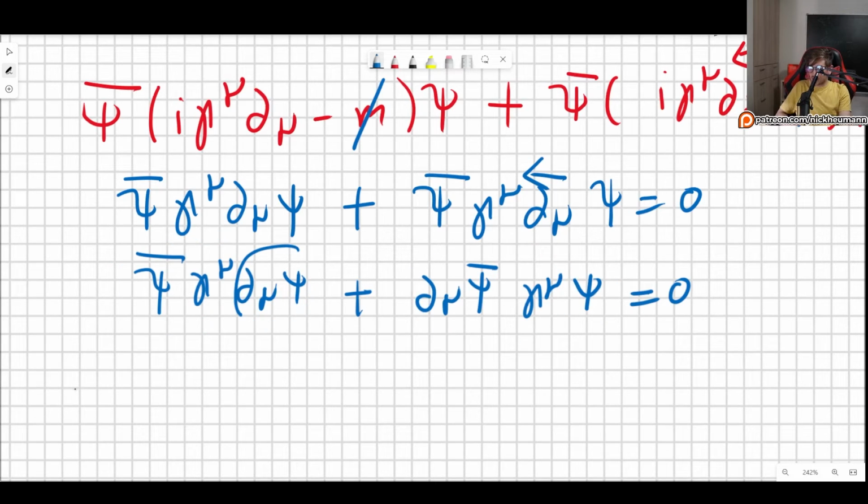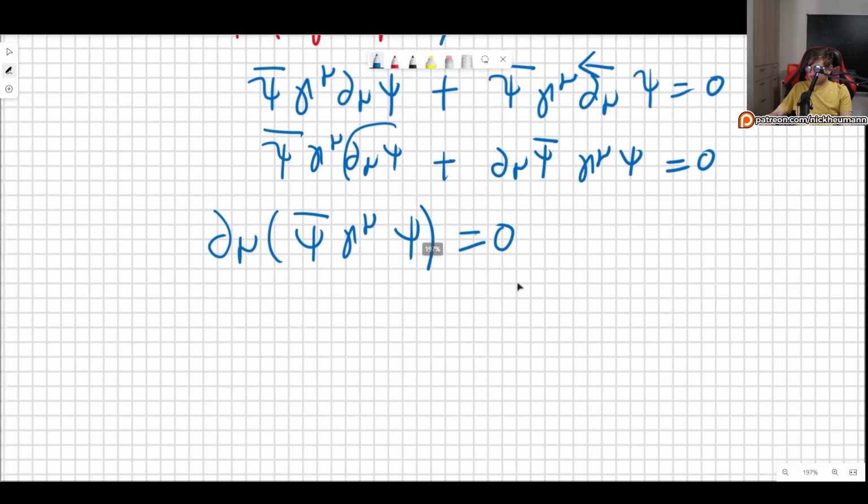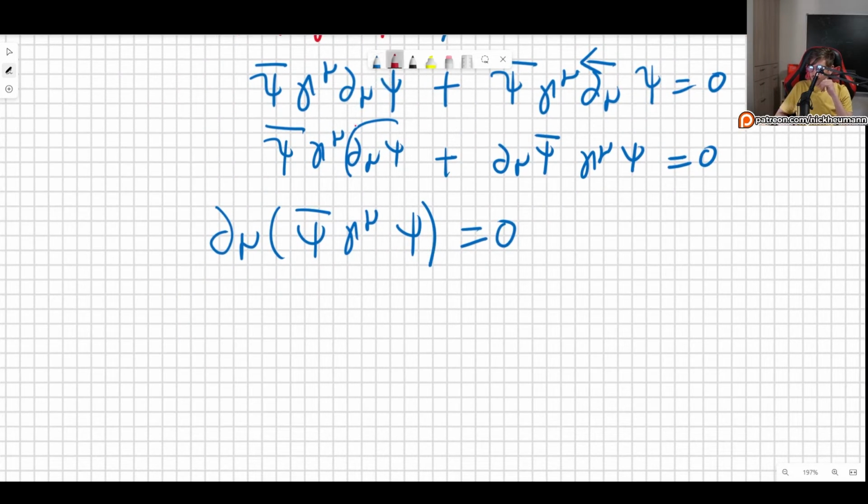So this looks an awful lot like a total derivative of something like ψ-bar γ^μ ψ. Let's take the derivative to make sure that we did this correctly. So this is ∂_μ ψ-bar times γ^μ ψ, this is what is being differentiated.